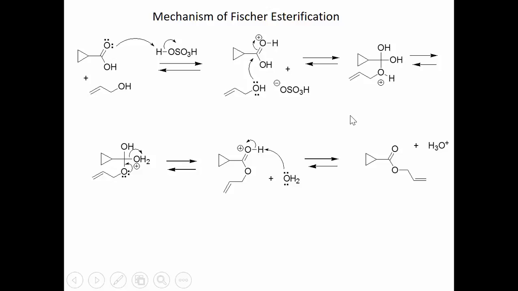What's typically done is you do this at a temperature above the boiling point of water, and you boil the water out of the solution as it forms. If you want to hydrolyze an ester under acid catalyzed conditions, you want to have a lot of water present so that the reaction prefers to go to the left.